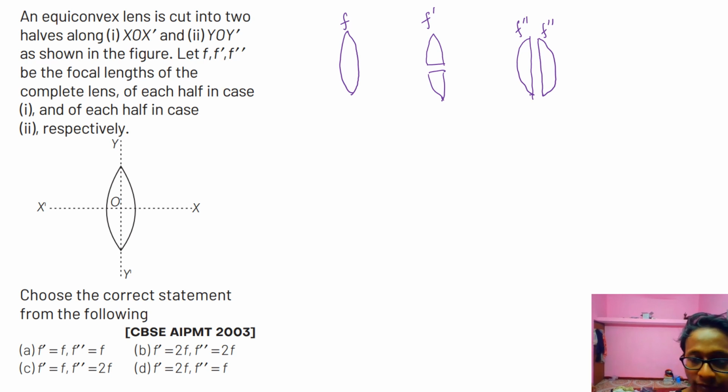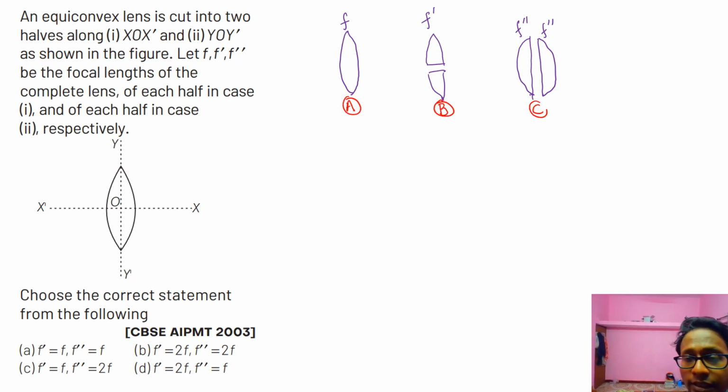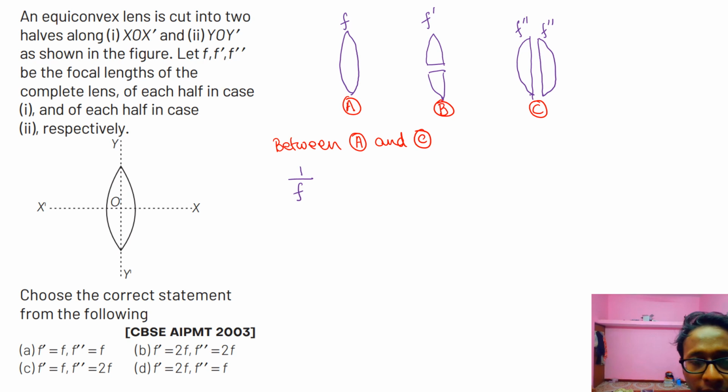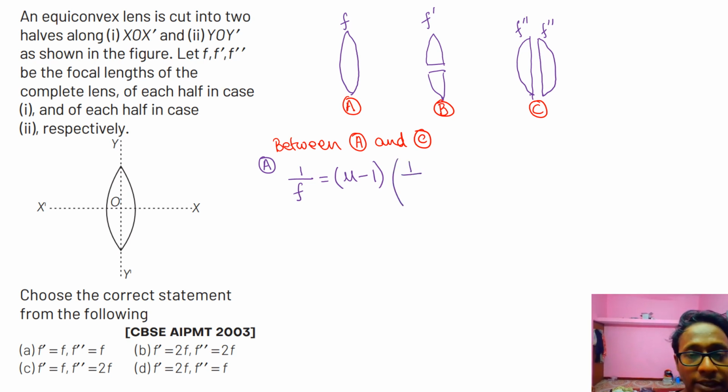So between A and C, this is A, this is B, this is C. 1 by f for A: 1 by f is equal to mu minus 1 into 1 by r plus 1 by r.